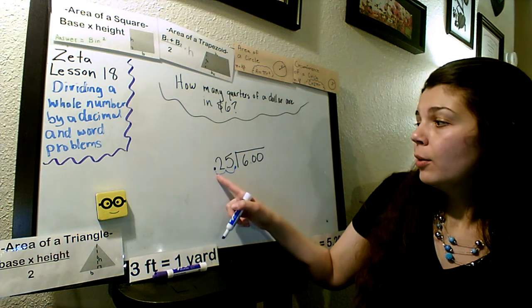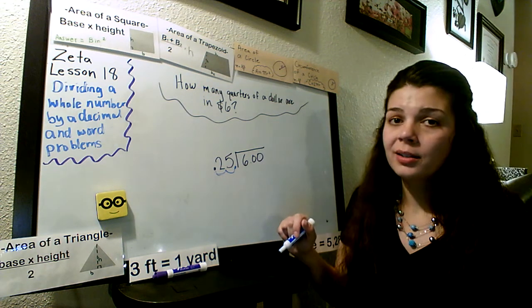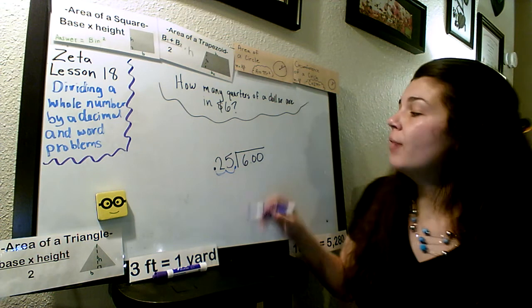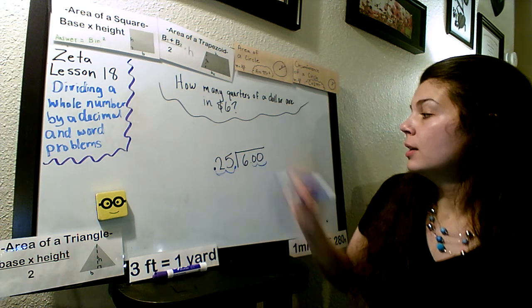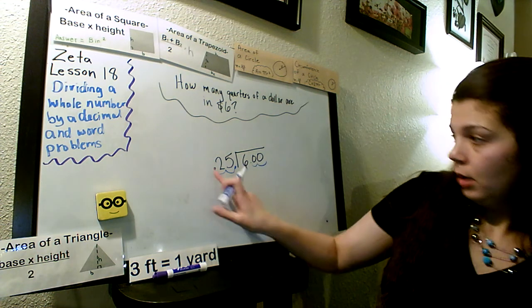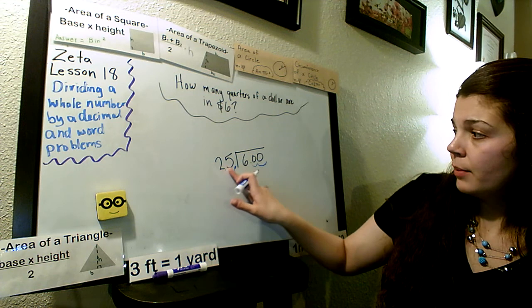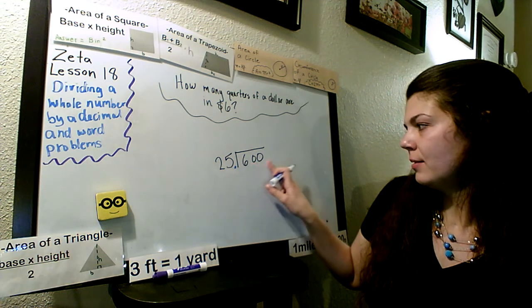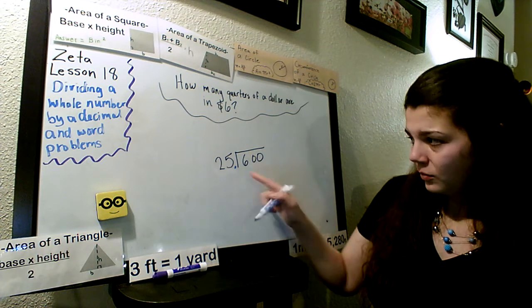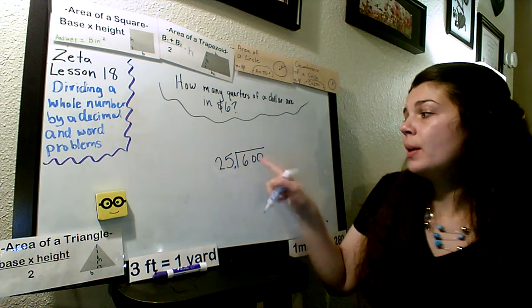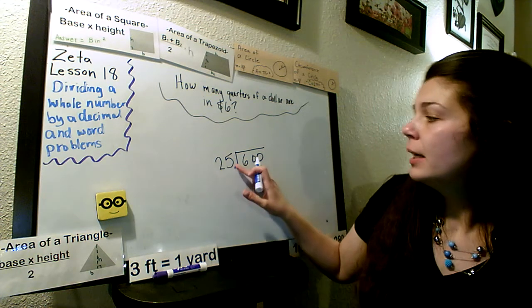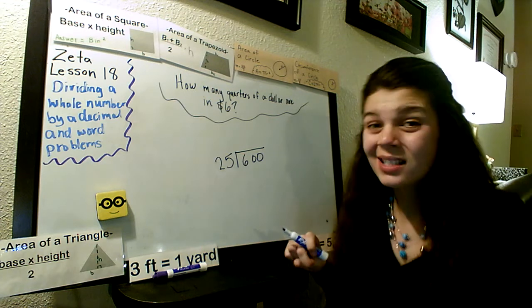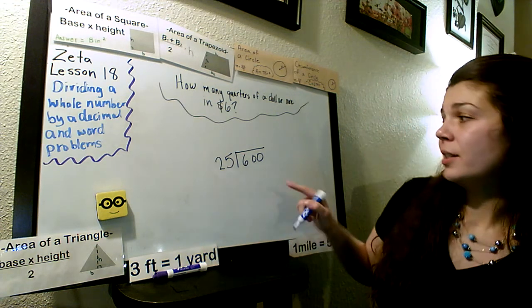Instead of 0.25 into $6, I'm doing 25 into 600. I'm changing my problem to suit my needs. So now instead of 0.25 into 6.00, it's just 25 into 600. Makes it a lot easier.